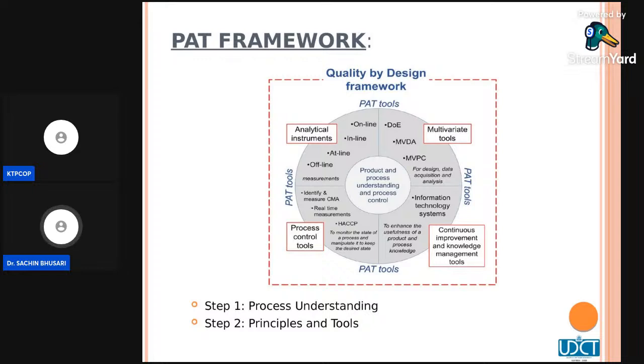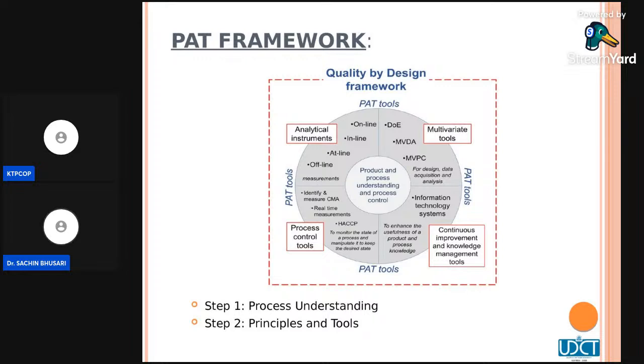I would like to tell you about QbD in this slide, quality by design. The PAT framework has a backbone of quality by design. QbD is a very frequently used term by all the industrialists, even researchers, because it has gained a lot of importance in today's scenario. So now we are into designing the quality, quality by design.